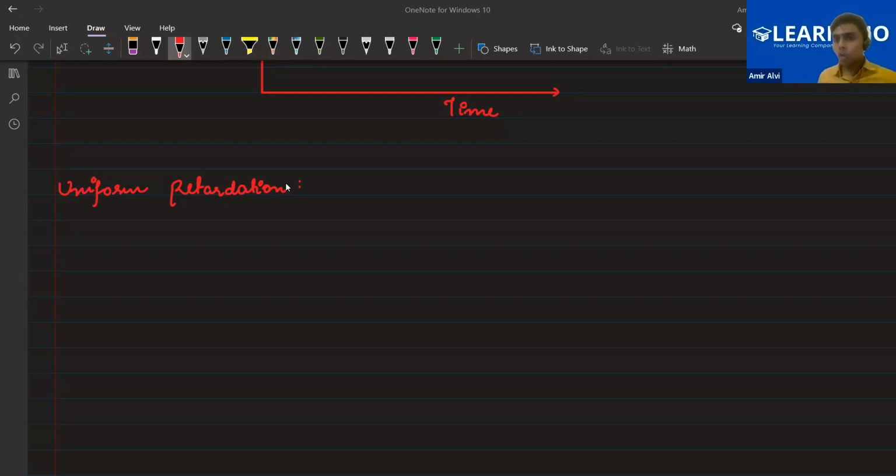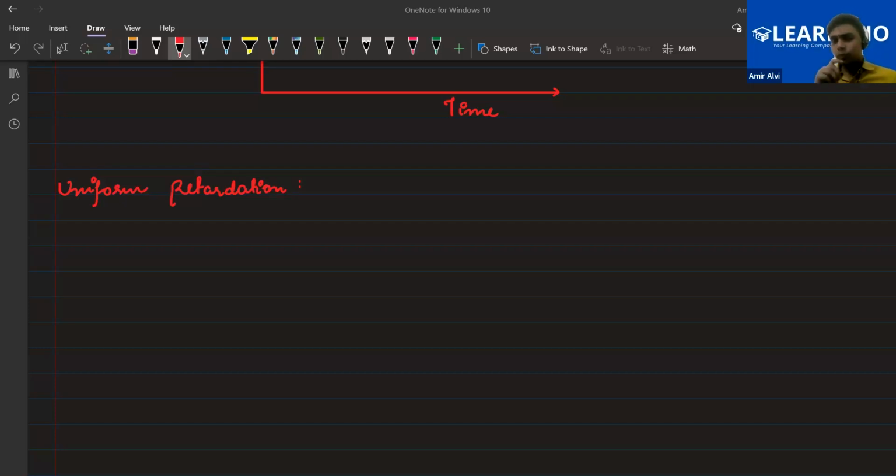The body has some velocity, but with time, the body is decreasing its speed. If the velocity is decreasing and it is uniform, that is called uniform retardation or deceleration. Negative acceleration can be called that, right?